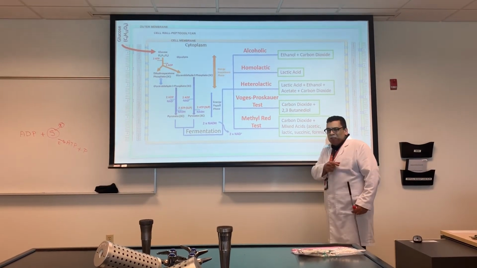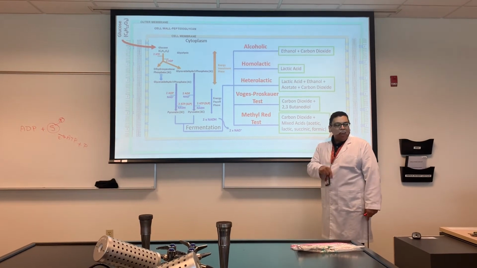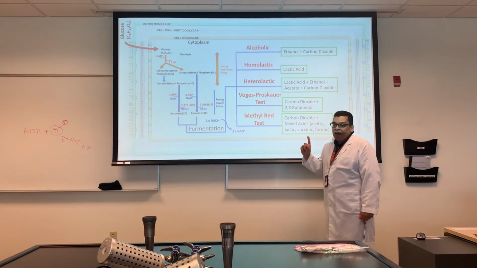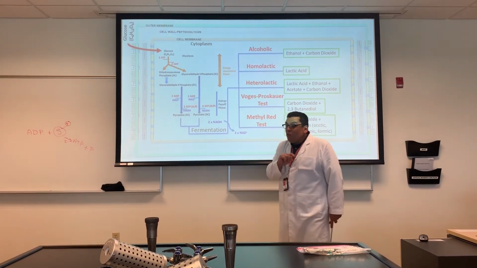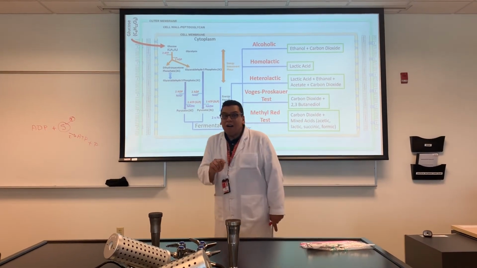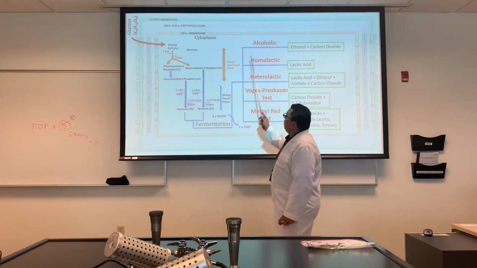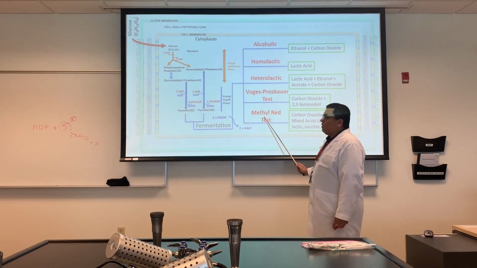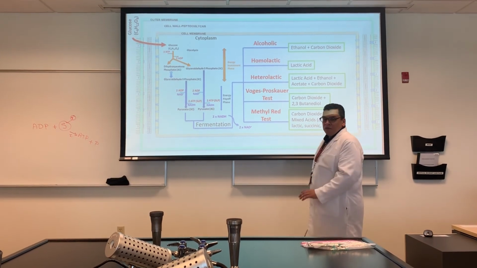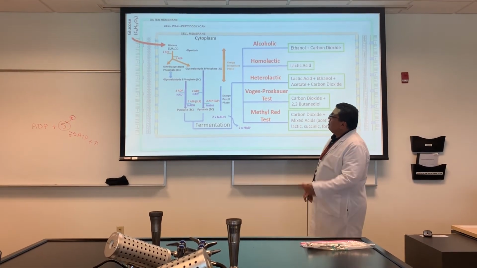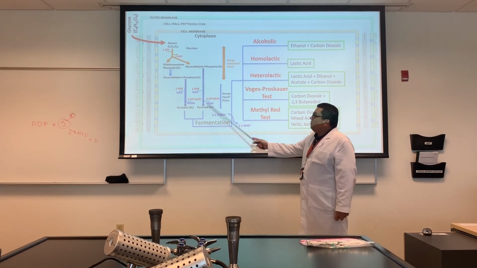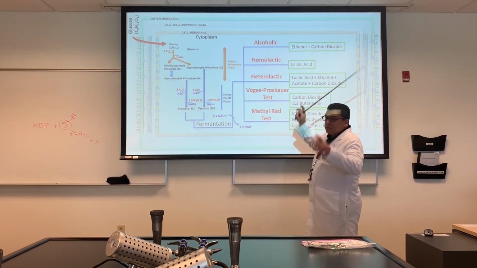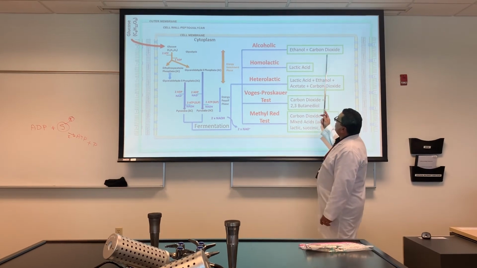Look at that. One of these options here. If you notice something, some of the things that we did today in lab fit this here today. Depending on which bacteria you are, you will ferment either this way, this way, this way, this way, or this way, and there are other alternatives too. Some bacteria ferment the pyruvate into ethanol and carbon dioxide.